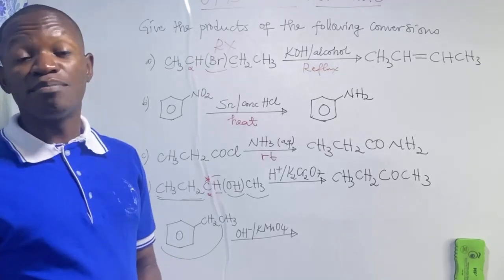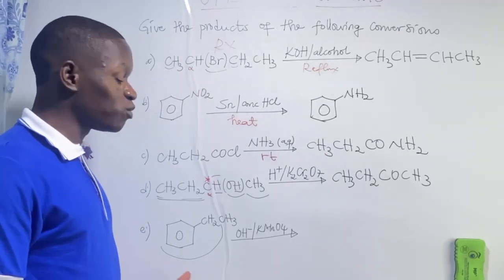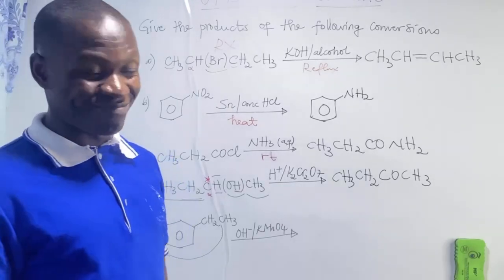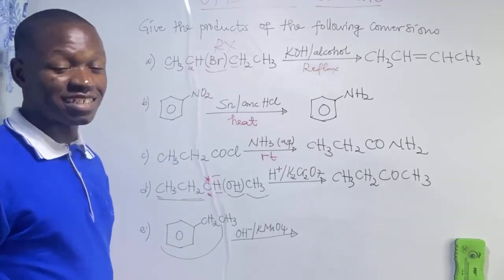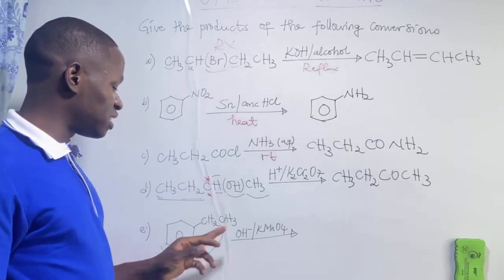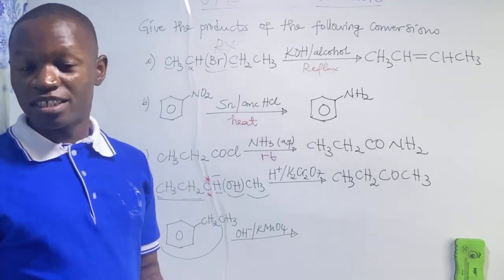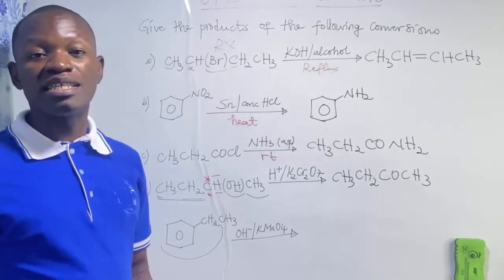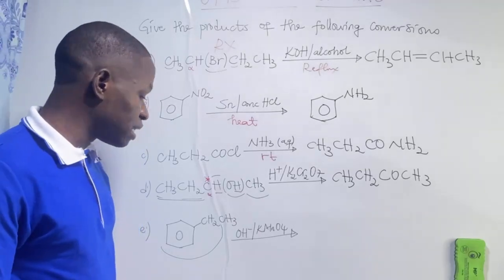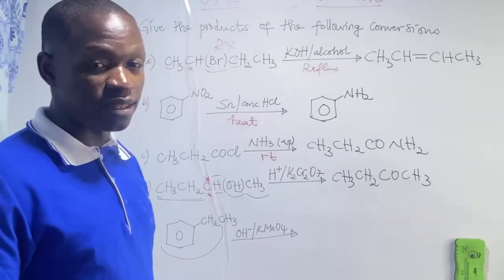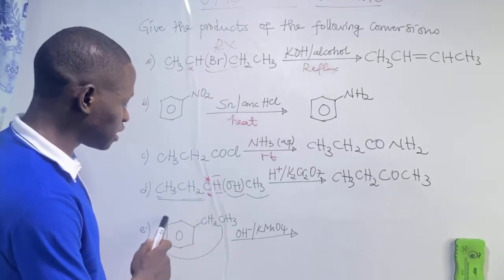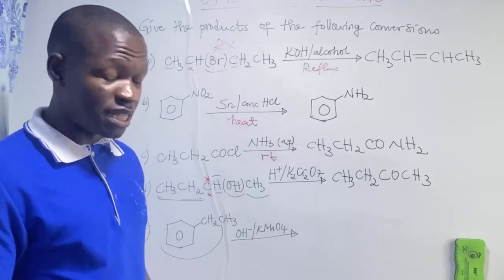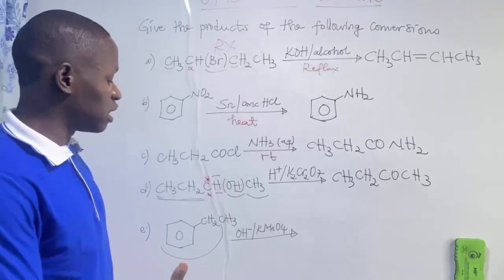Or ethyl benzene, yes, properly we call it ethyl benzene, because here we have an ethyl group and then we have a benzene. So you can call it ethyl benzene, or phenylethane, or benzyl methane. If I consider this group as a side chain, it will be called benzyl methane. So those are the different ways in which you can name this compound.